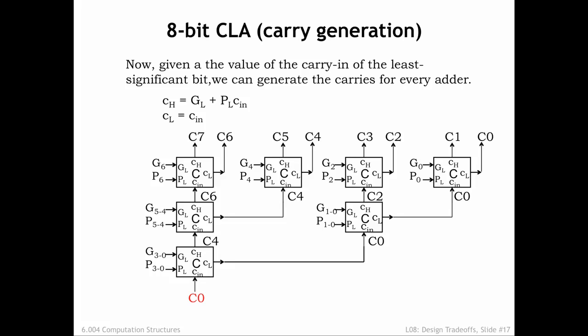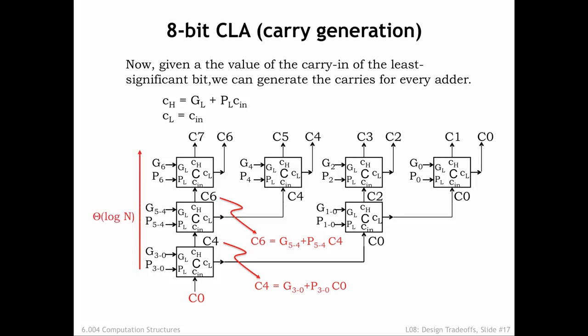We can use these equations to build a C module and arrange the C modules in a tree as shown to use the C0 carry-in to hierarchically compute the carry-in to each layer of successively smaller blocks until we finally reach the full adder modules. For example, these equations show how C4 is computed from C0 and C6 is computed from C4.